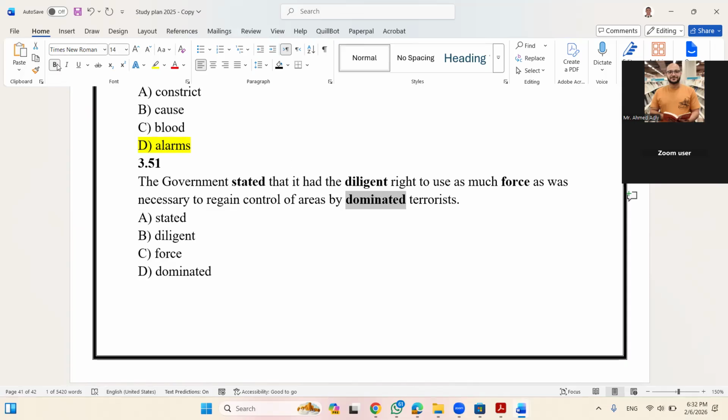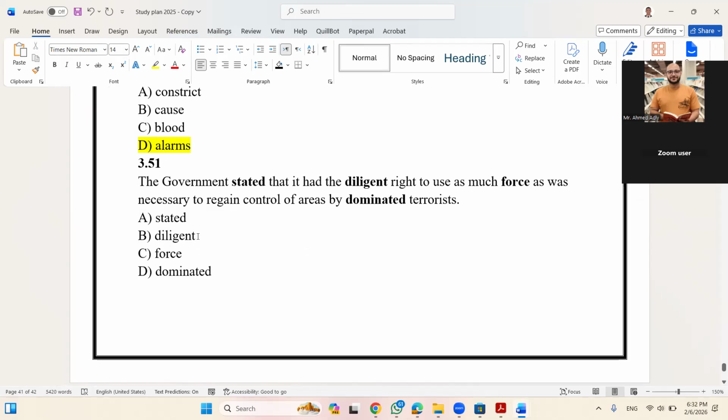Diligent? You know diligent? Diligent means hardworking. So do we say diligent right? We don't say that.